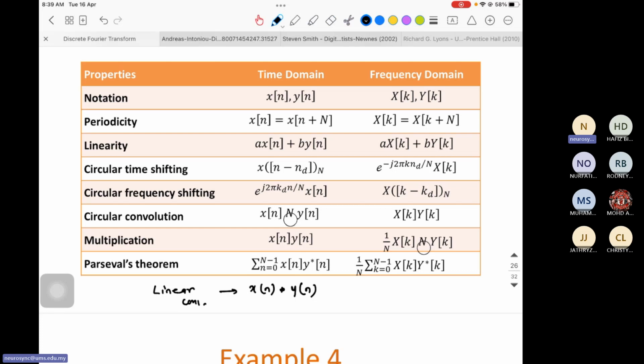In case of circular convolution, we represent it with a circle with the symbol N inside, so that is N-point DFT, or you can say modulo N. This N is nothing but modulo N. So in circular convolution, we write x of n circularly convolved with y of n. This is the representation for circular convolution.